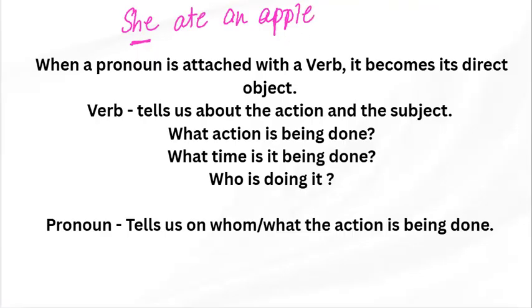So if she ate an apple, what is this apple? This apple is the object on which the action is being done. What is my action? The action is of eating, right? And she's my subject. So who is the doer? The doer is she, a female. What is the action? The action is of eating. What is being eaten? It's an apple. And that is my object.